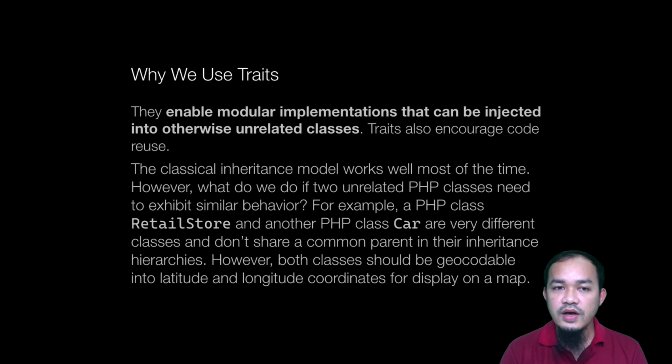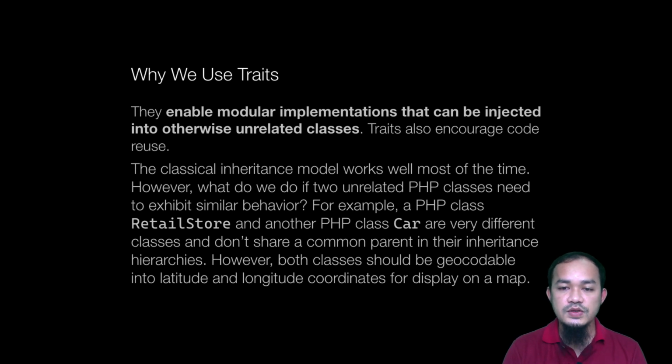So that's why we have to use a trait. They say that a trait enables modular implementation that can be injected into otherwise unrelated classes. Mostly we use classes in the same category, for example human: children, woman, man. But look here, retail store and car are different categories.